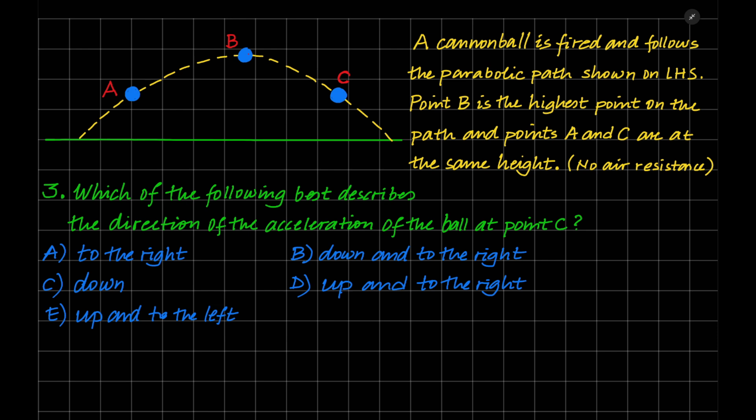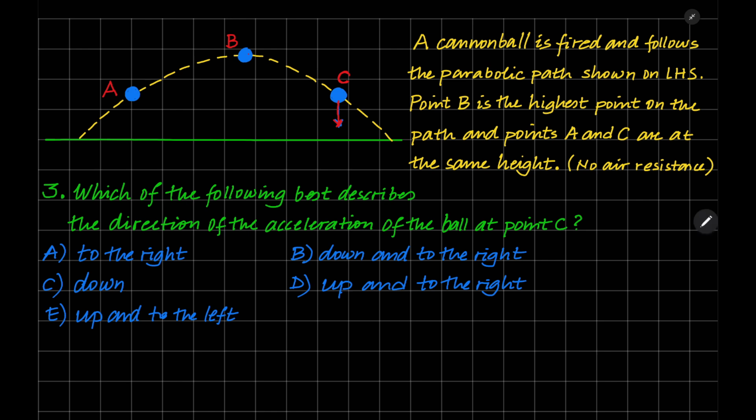Since only the gravitational acceleration acts on the cannonball, the direction of the acceleration is downwards at point C. It's down.